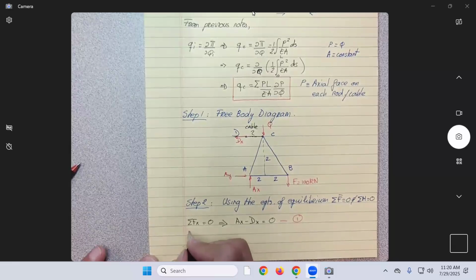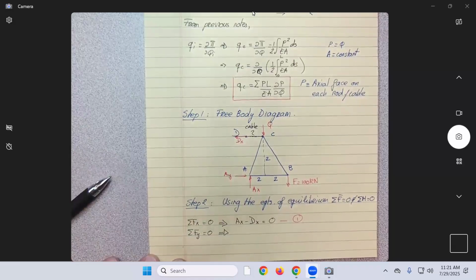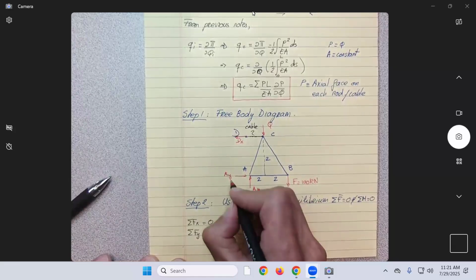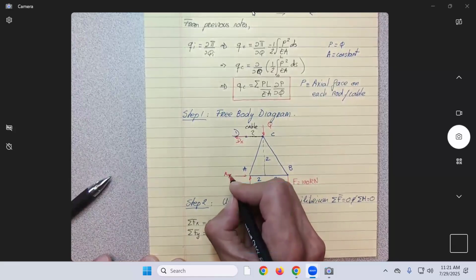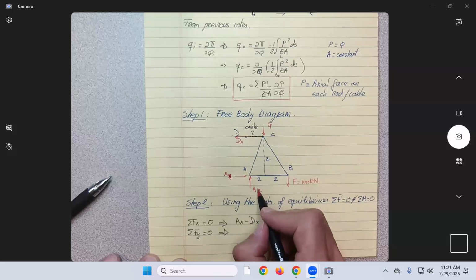Then I'm going to do summation of forces in y. Oops. Guys, I made a mistake on the figure. These two are switched, no? X and Y. So be careful. I just realized this is AX, this is AY.